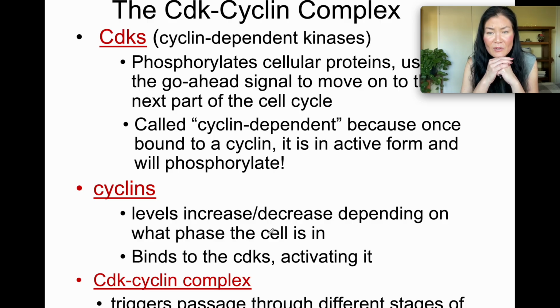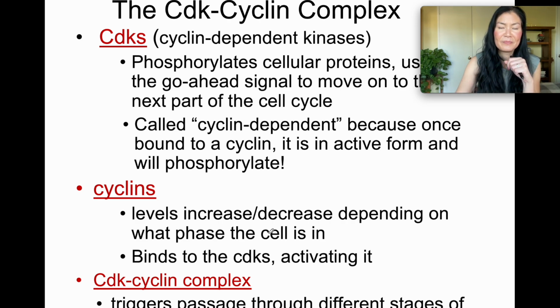So when cyclin, which is a protein, is around, it's going to activate the CDKs, and together they work together and make a CDK-cyclin complex. And those are the go-ahead signals for the cell to move on to the next part of the cell cycle. So the CDK-cyclin complex triggers the cell to go into the next stage.